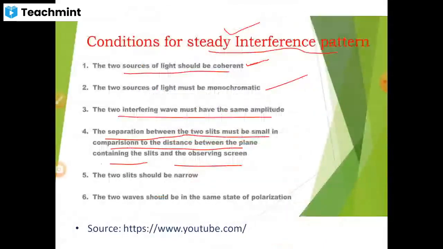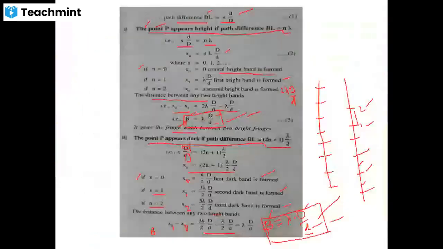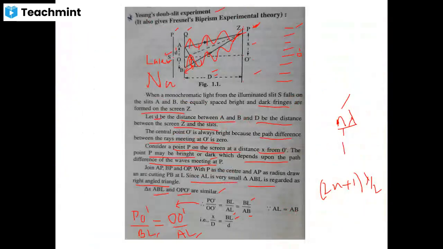Then we say the two slits should be narrow. What is the meaning of this? The value of this small d, that is this distance, has to be as less as possible. It has to be a narrow distance. Then only we will be able to get a sustained fringe pattern on the screen.